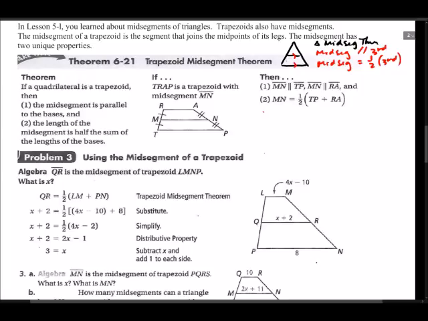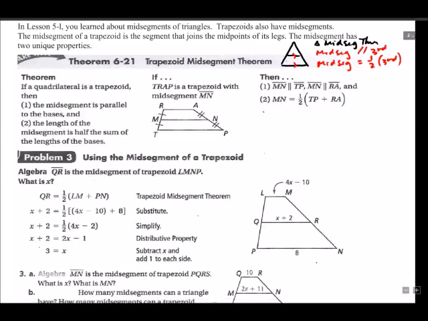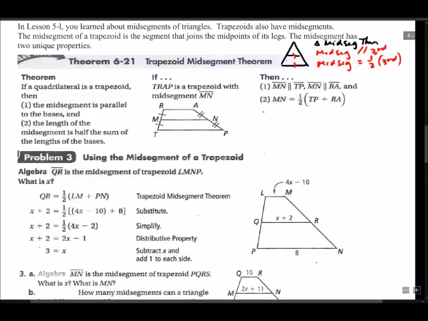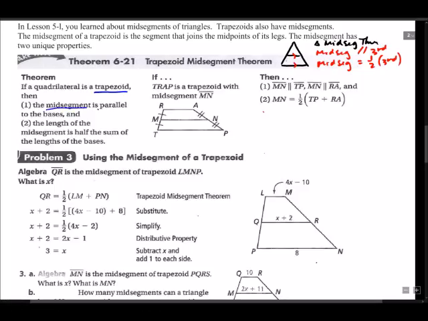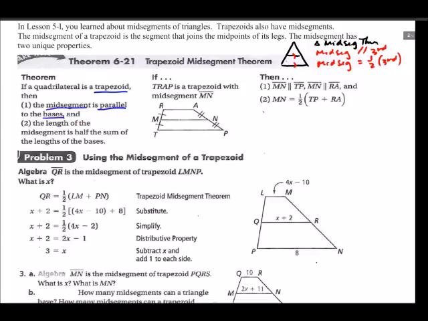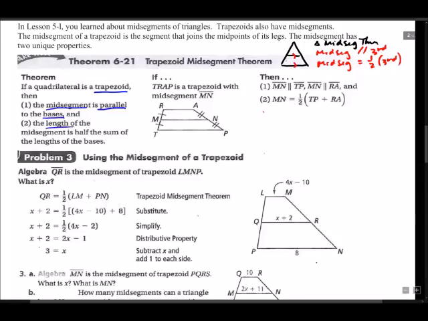So let's look at our new theorem here. It says if a quadrilateral is a trapezoid, so we have a trapezoid, doesn't matter what kind of trapezoid, doesn't have to be special this time, this is all trapezoids. Our mid-segment is parallel to the bases, both of them. That should not be a surprise. And the length of the mid-segment is 1/2 of the sum of the lengths of the bases.